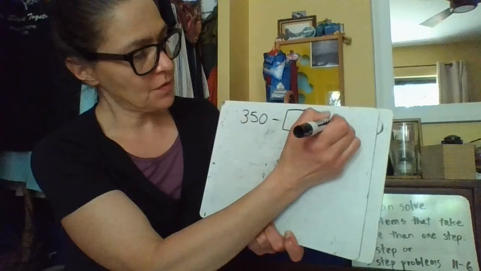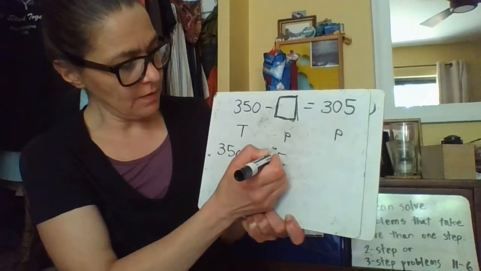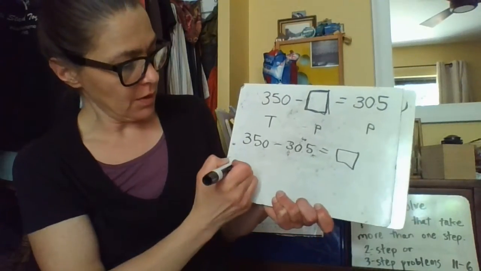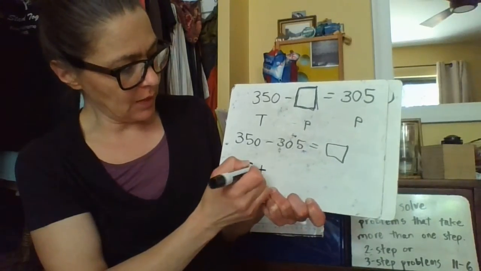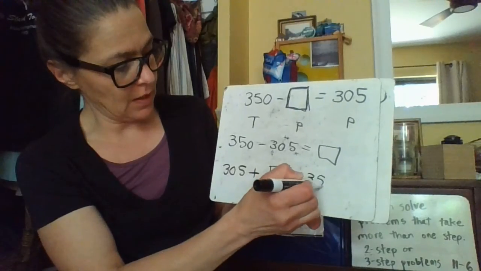So flip those. 350 minus 305 equals. Okay, or you can do it 305 plus the change unknown equals 350, and here you can count up. So it's whatever works best.